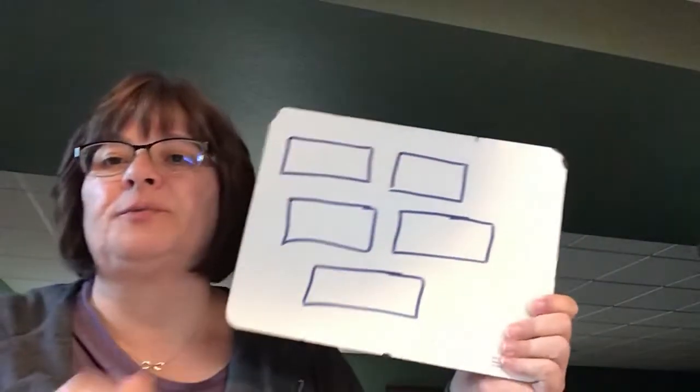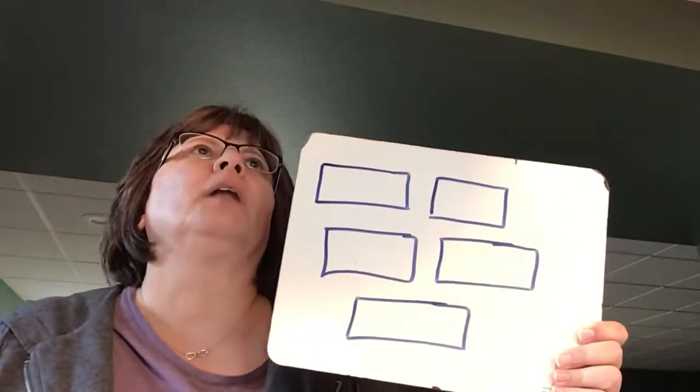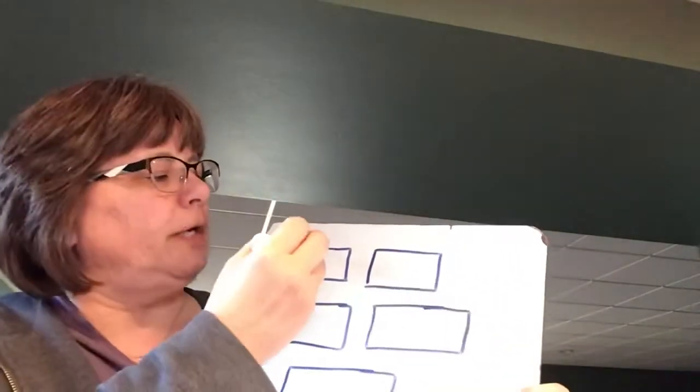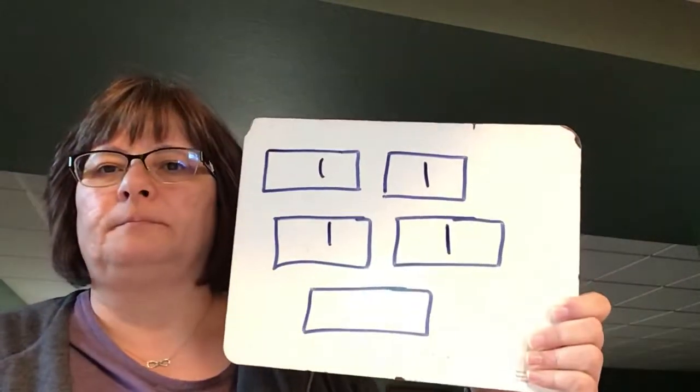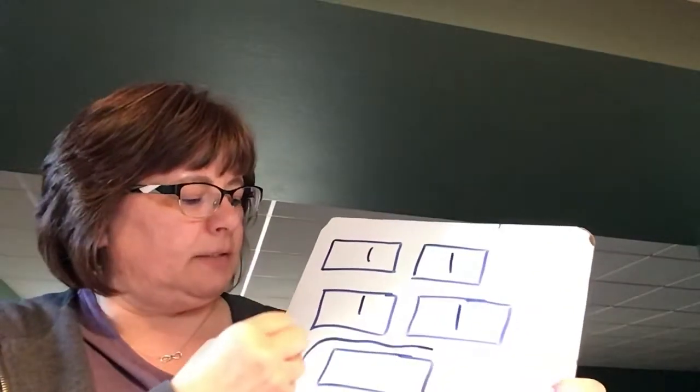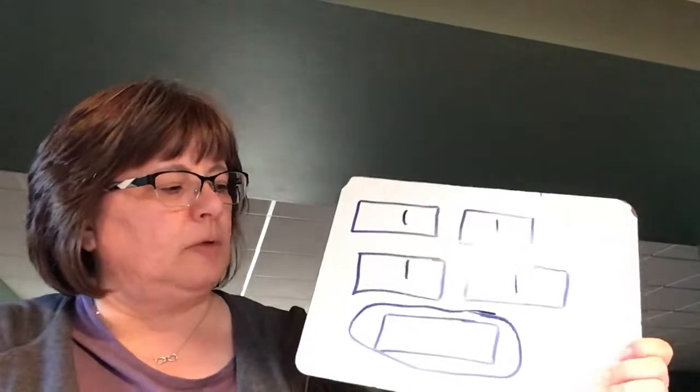which might be the first way you thought of it, we've got 4 people, right? So each person gets 1 granola bar. And then this last one here, I'm going to divide into 4 pieces and share that one.